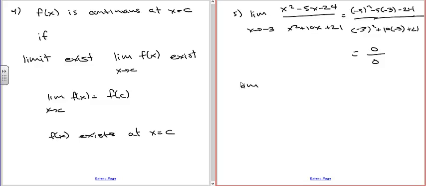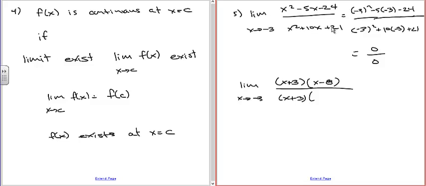It also tells us that the thing can be factored. The corresponding factor to x equals negative 3 is x plus 3. So we get x plus 3, x plus 3. What number times 3 gives me negative 24? The answer is negative 8.